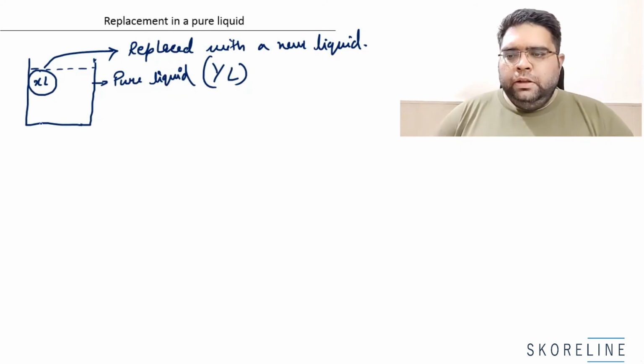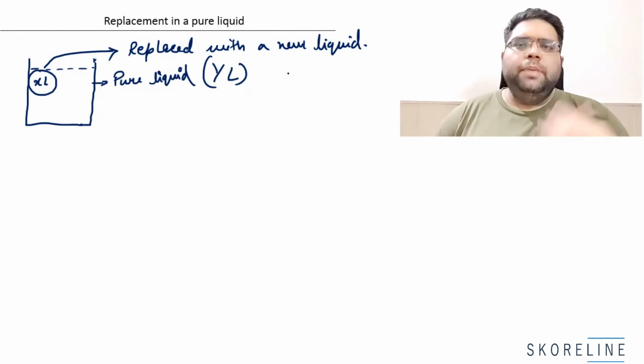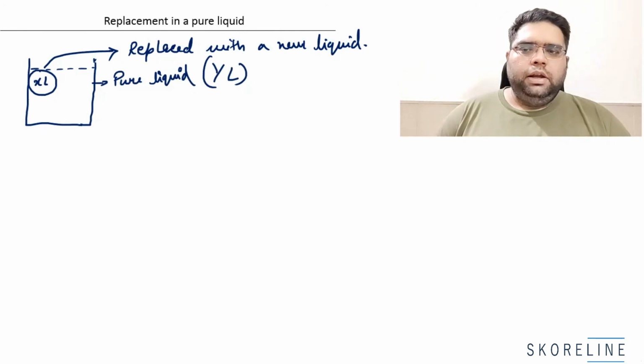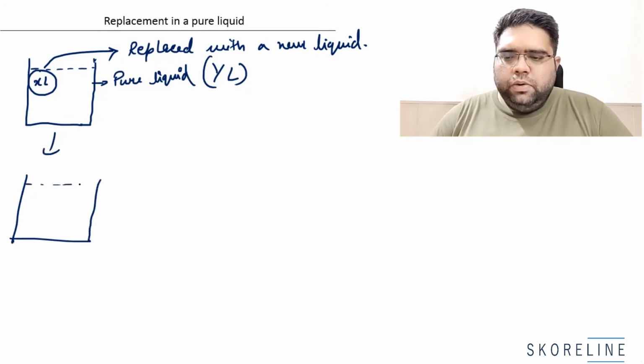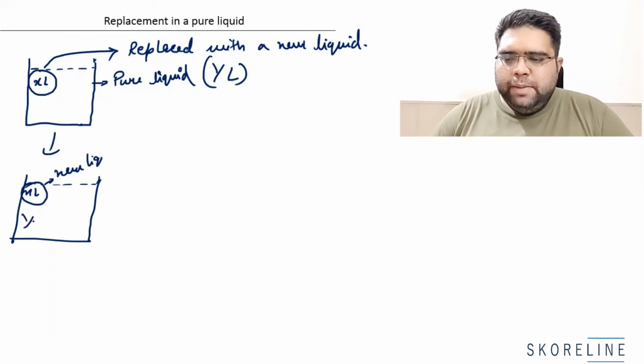Right? Now this step, this replacement, can be done one time or it can be repeated again and again. Right? How is it repeated? Now when there is a replacement with a new liquid, you have a mixture in the container now. Right? You have a mixture in the container in which X liter is the new liquid and Y minus X is the pure liquid left in the container.